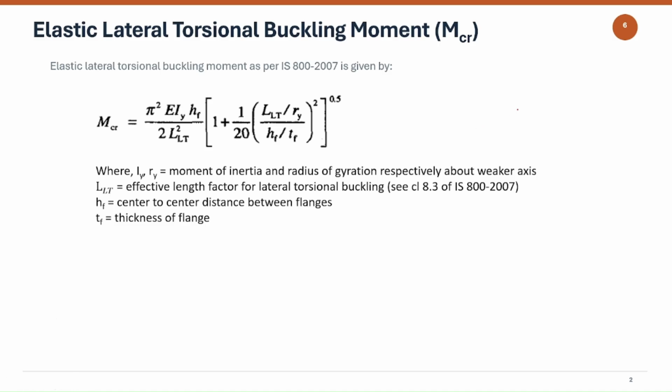Let me show you this. If this is your I section, then the center of this flange and the center of this flange, this distance is hf. tf is the thickness of flange.